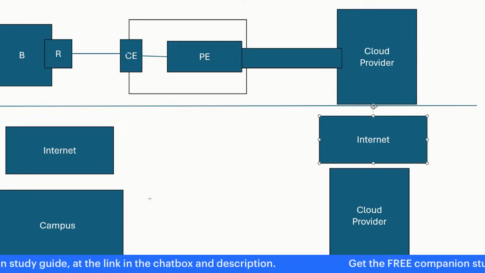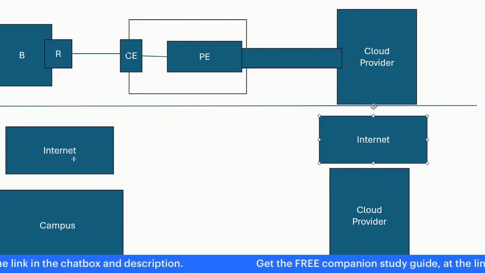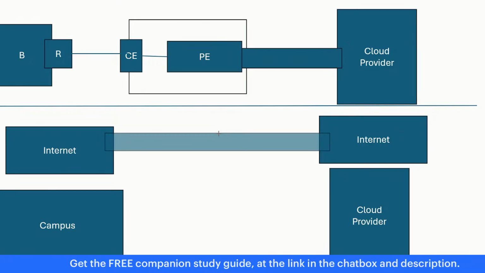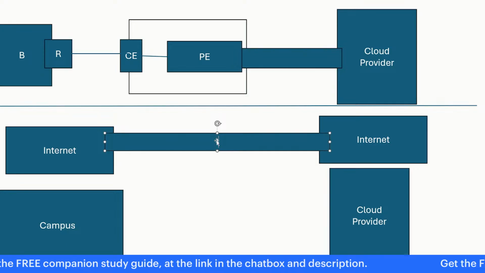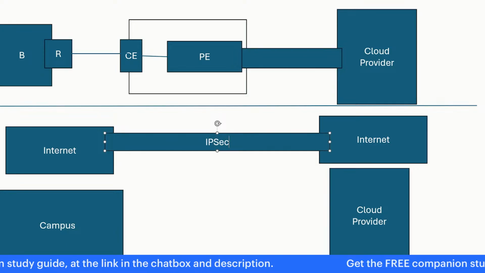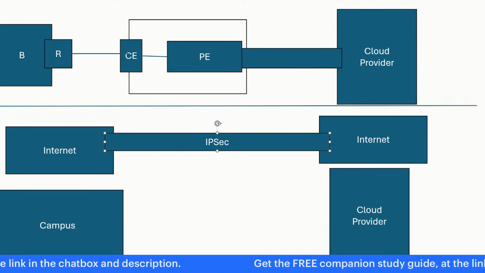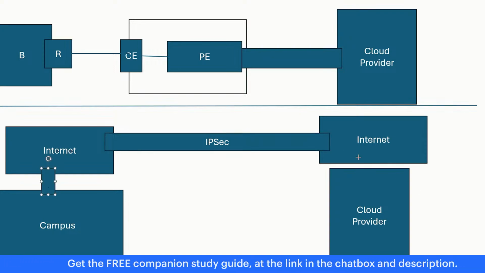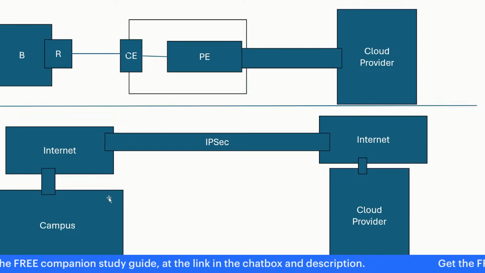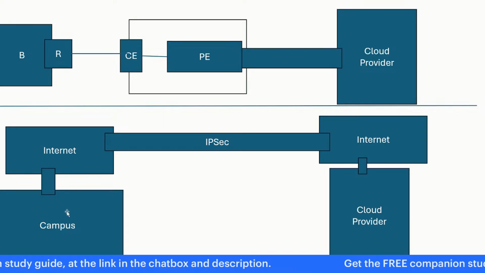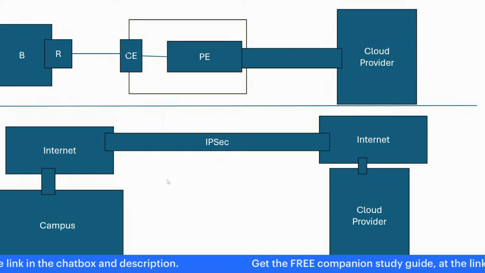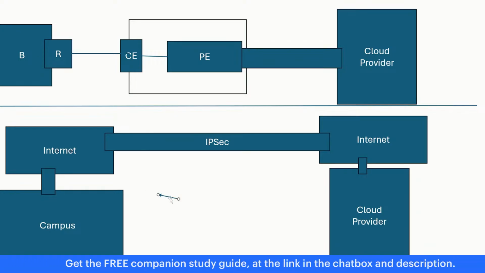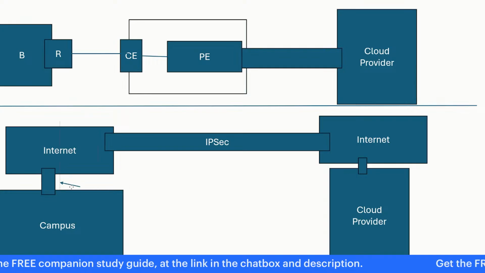And what we do is we use our routers, and basically we're typically creating a VPN, which typically is secured with an IPsec tunnel. And now we're using the internet as the connectivity between us and the cloud provider with an IPsec tunnel. Now, the key to remember here is you pay for this.